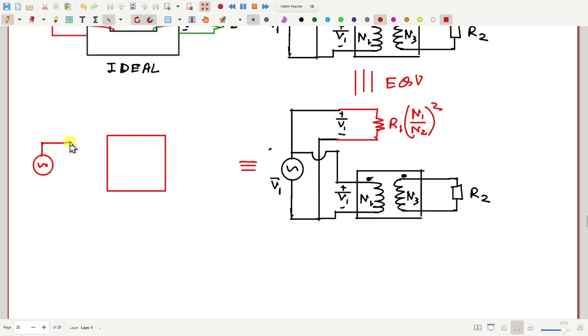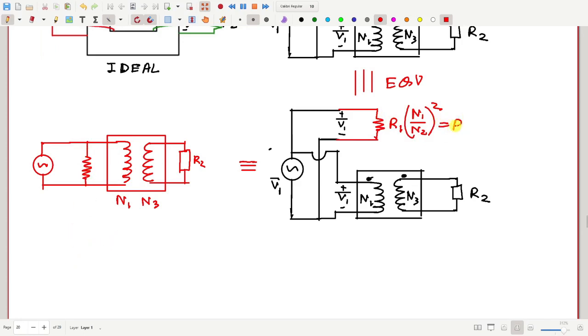source, then here N1 is to N3, R2. Where should be R1? I mean this resistance in this circuit, that is here. If I call this R1 prime, then this is R1 prime.